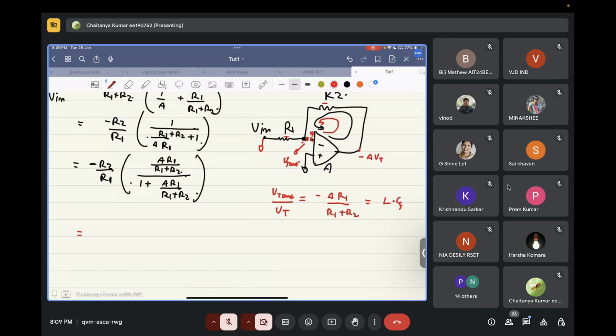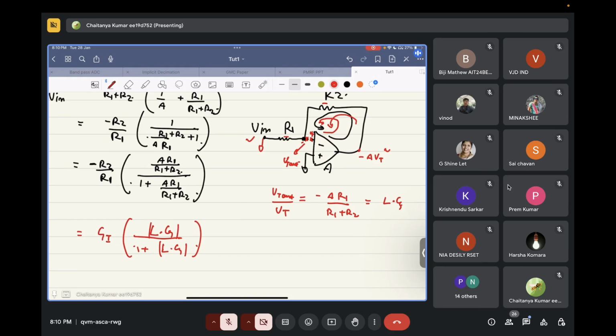Now, generally, your overall closed loop gain, from input to output when the feedback is closed, is equal to gain ideal times modulus of loop gain upon 1 plus modulus of loop gain. You will learn more about this concept in control systems, but for now you can remember this result.